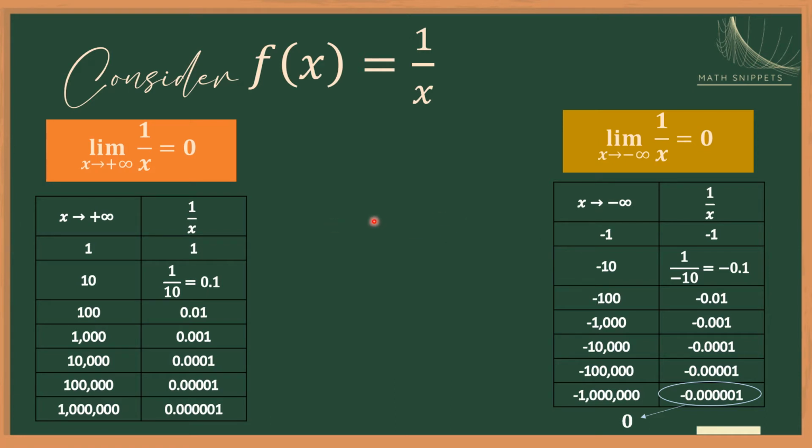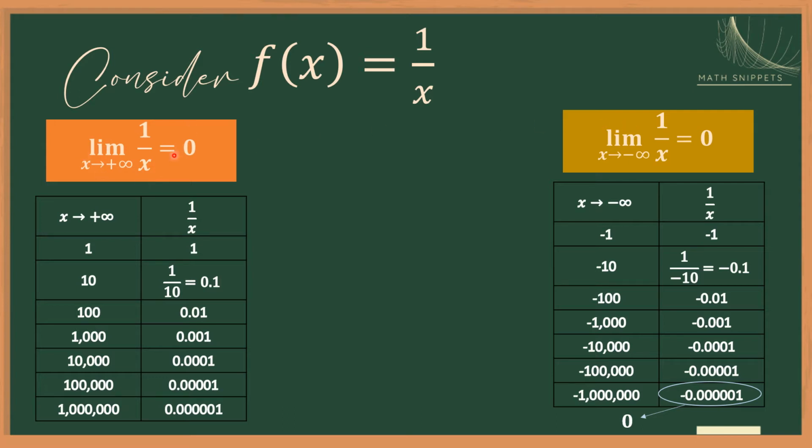So this is a pretty trivial example, because you will use this theorem, or you can say formula, in evaluating limits at infinity.